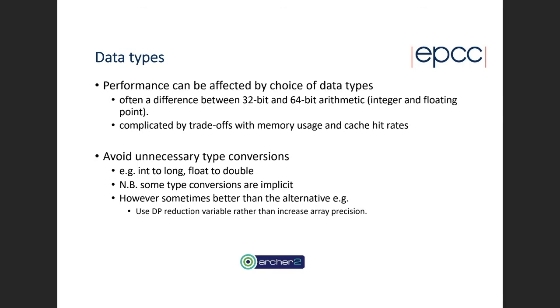That might help, particularly with vectorization, which I'll leave for tomorrow, but obviously you can fit twice as many elements in a SIMD operation if you're using 32-bit versus 64-bit. But it can be complicated, with trade-offs with memory usage and cache usage and so on.